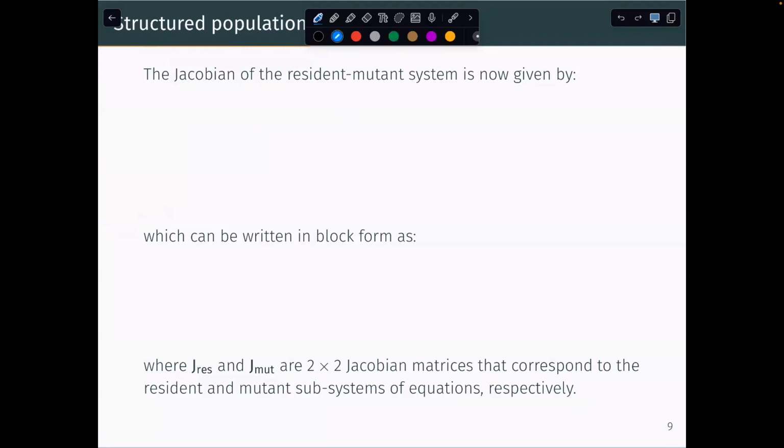So we need to look at our Jacobian for our resident-mutant system. So this is a 4x4 Jacobian. I'm not going to write this all out, but it's our partial derivatives of each of our equations.